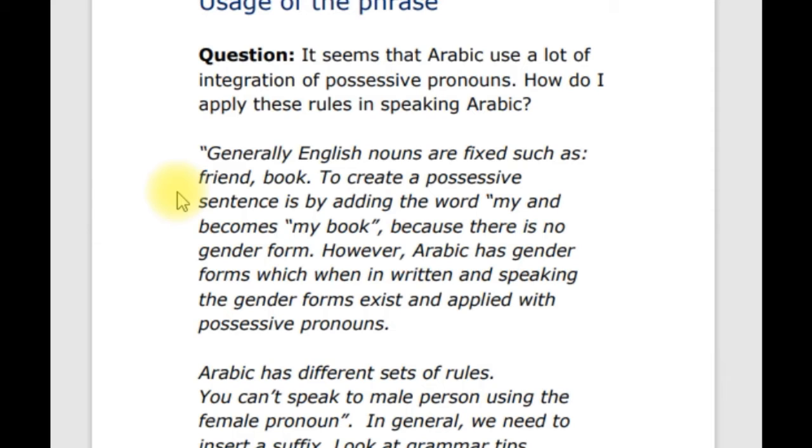To create a possessive sentence, we add the word my and it becomes my book. However, there is no gender form. Arabic has gender forms which, in both writing and speaking, exist and are applied with possessive pronouns.